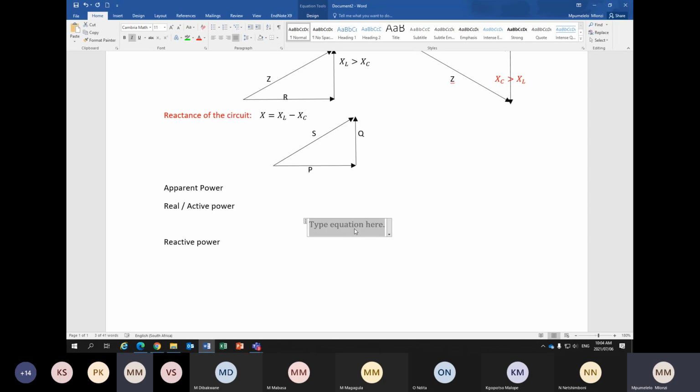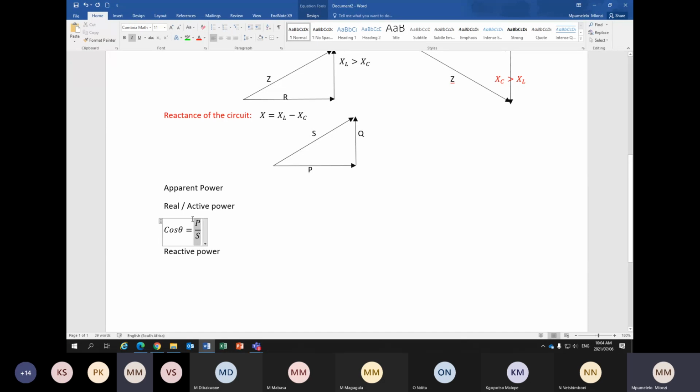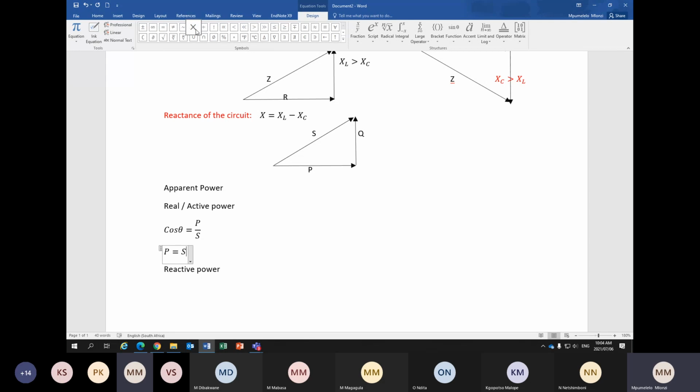We check cos, where cos theta is equal to the adjacent, which is P, divided by the hypotenuse, which is S. Making P the subject of the formula, P is equal to S multiplied by cos theta.